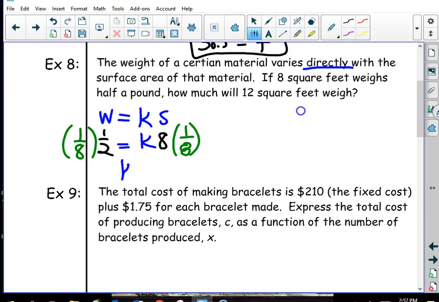So K is equal to 1/16. So my variation equation is y equals 1/16s. All right, so now we want to know how much will 12 square feet weigh.